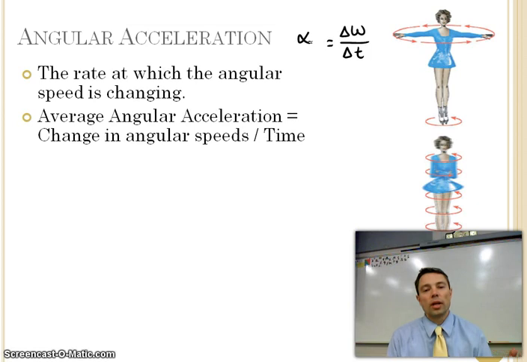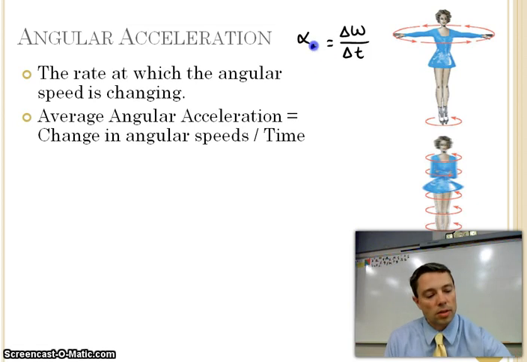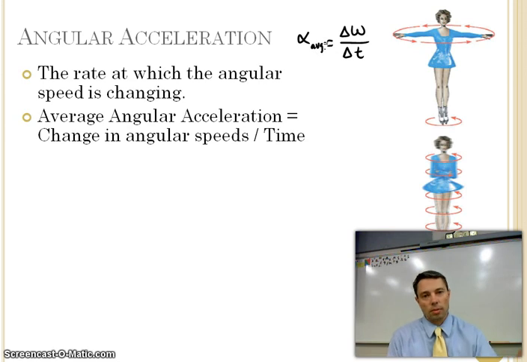We use the Greek letter alpha to represent angular acceleration, and again, this is on the average. So the average would be the difference between our two speeds divided by that time interval. So our average angular acceleration is just the change in our angular speeds divided by time. And so this is typically what we see.